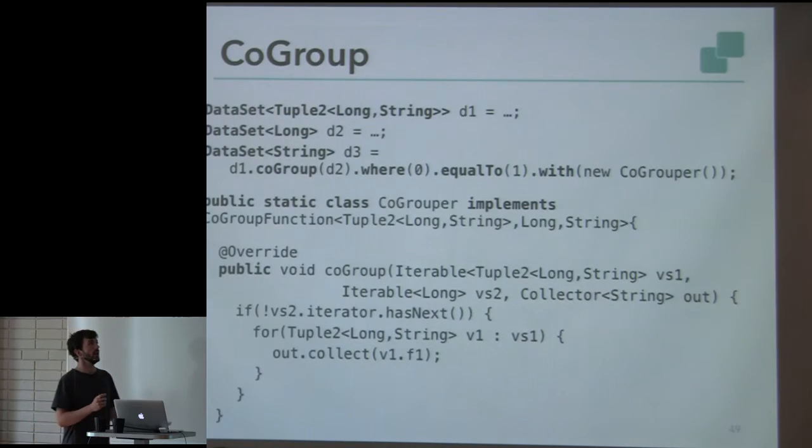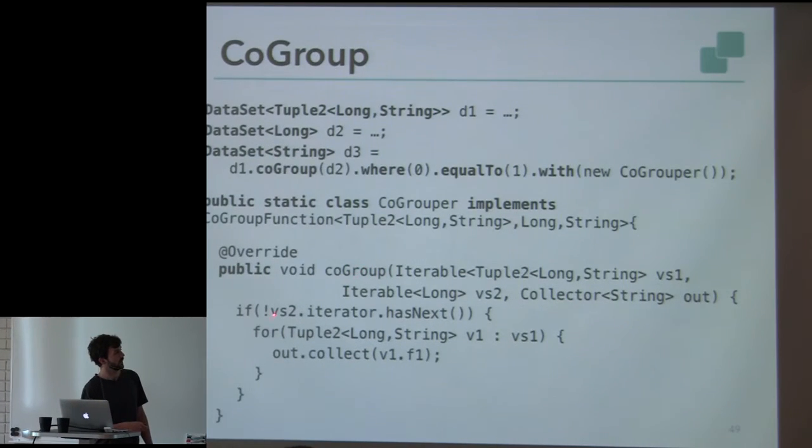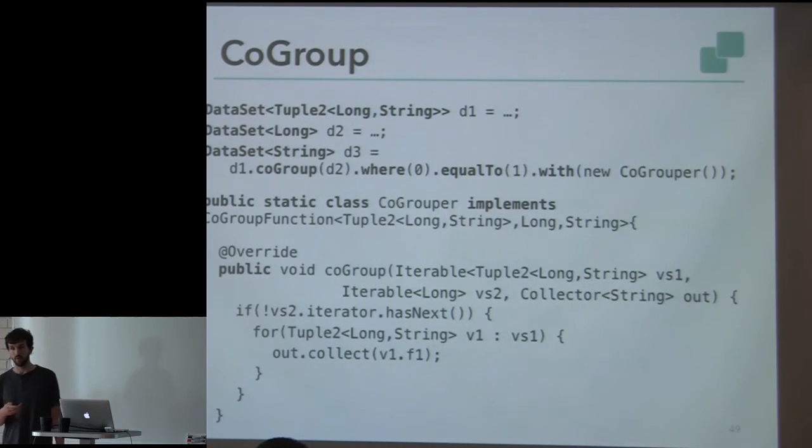For example, here we have a co-group function which just emits elements if the right-side data set contains elements, and this is like implementing a normal SQL equi-join manually with a co-group. So it's a very powerful concept if you want very flexible control over how you join data sets.